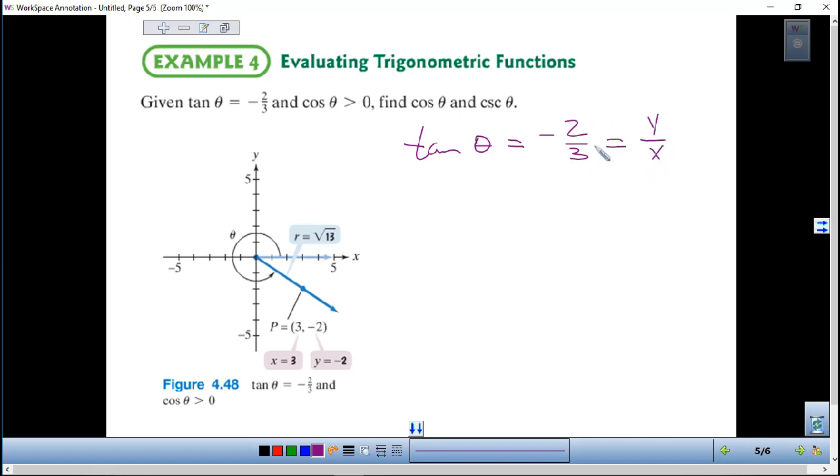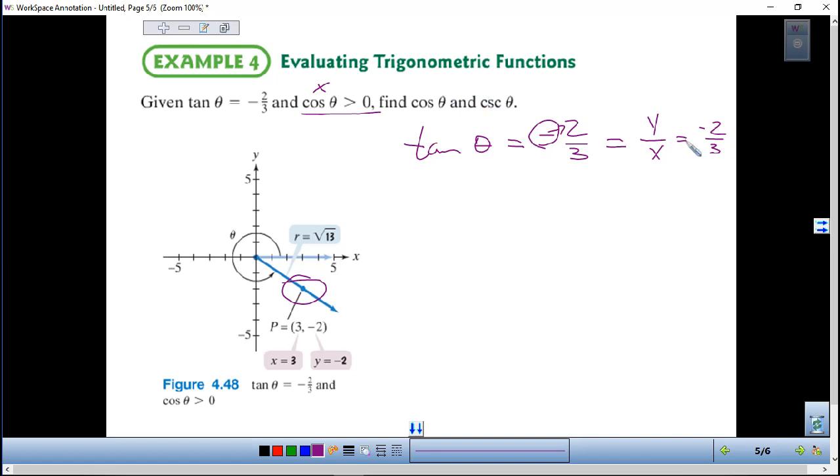So we're going to do the y over x, and we're going to split this thing into two parts. So the y is going to be 2 and the x is going to be 3. Now, which one gets the negative? Well, here's the thing. Cosine is greater than 0. Cosine, once again, pertains to the x. So the x value is greater than 0. That means the negative value has to go with the 2. So you can think of this as negative 2 over 3.